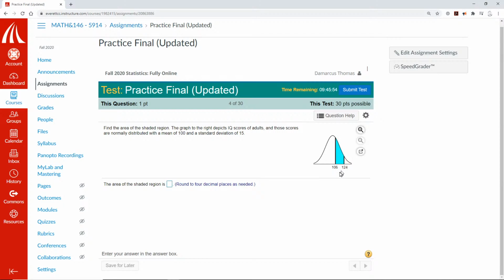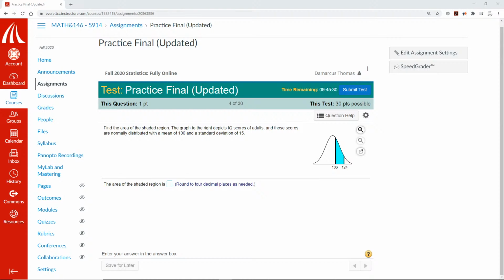So we know 106 is just more than 50% right away. And then 124. So we need to get this portion. We need to know what is that proportion of the entire distribution. We know the whole thing is one whole. And so this would be some fraction of that, less than 1, obviously.